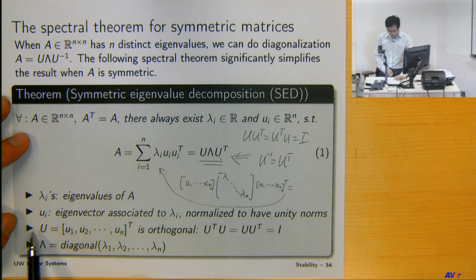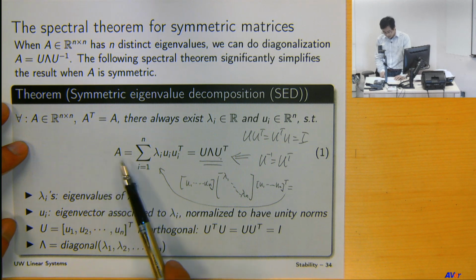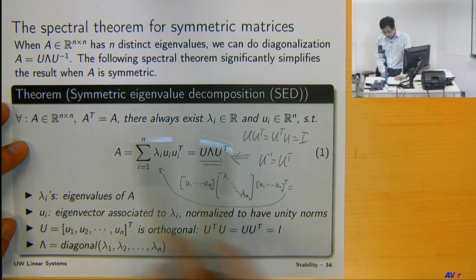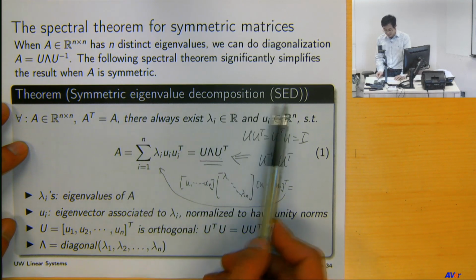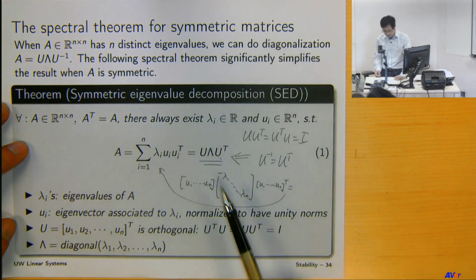Take a look at this more carefully and finish up all this statement. So this decomposition of a symmetric matrix into these submatrices is called symmetric eigenvalue decomposition, or the spectral theorem for symmetric matrices.